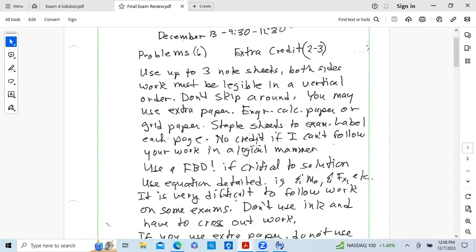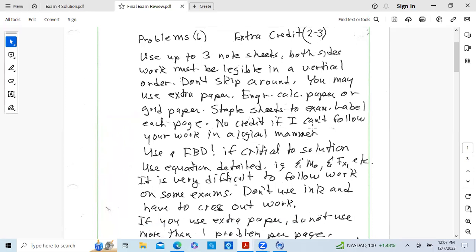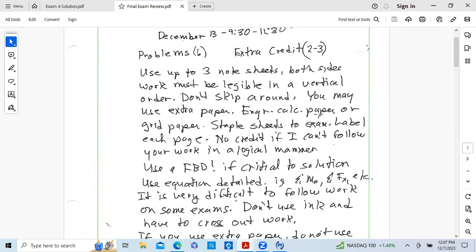I advise you can use extra paper. And if you're using extra paper, use engineering calculation paper or some type of grid paper. I don't want lined notebook paper. And then make sure you staple the sheets to the exam afterwards.